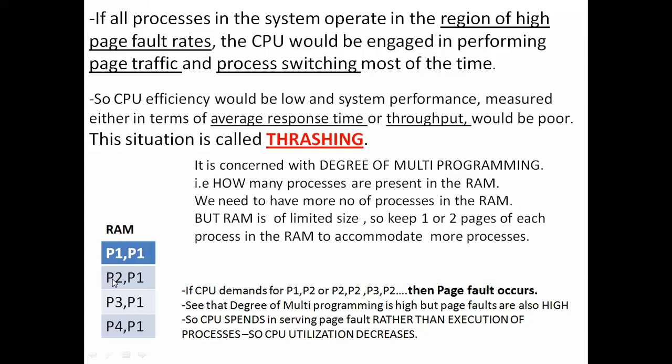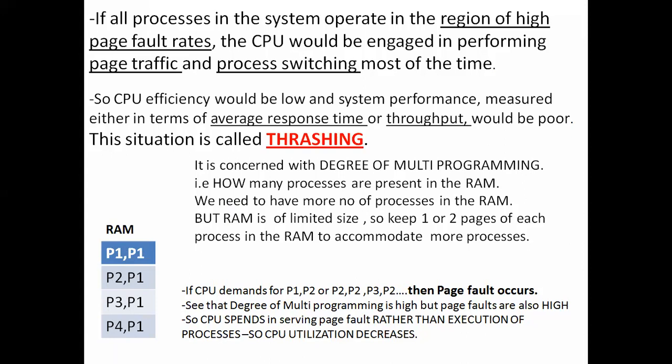In that case, what will occur? Can anybody answer me? Suppose the CPU is demanding the second page of P1, or the third page of P2, or the fourth page of P3, or the second page of P4. Are they available in the RAM?